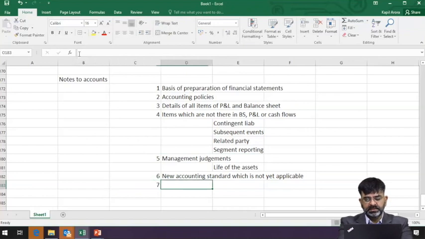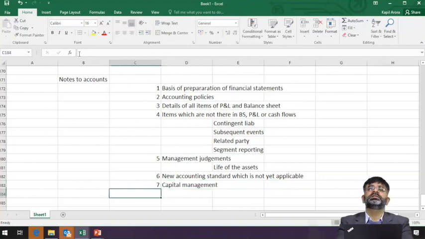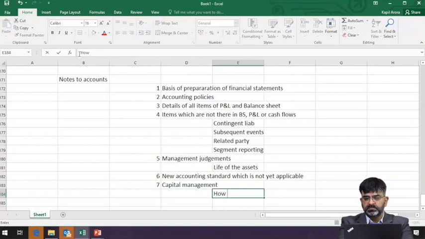And the last one is capital management, which shows how the company, or how management, is taking care of the company's funds or capital to maximize shareholders' return.